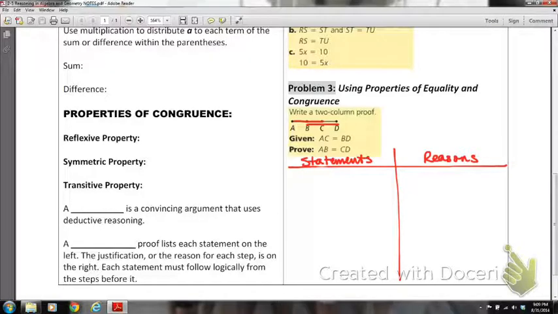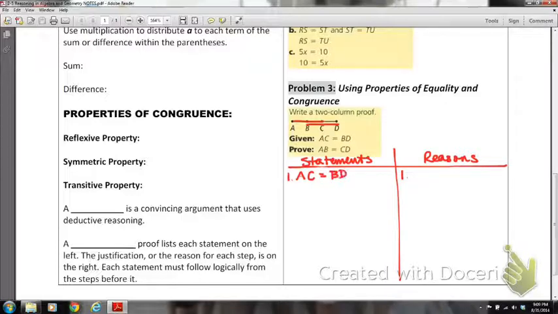Typically, you always start with the information that's given to you. And we will number these so that they'll match. We'll have a statement, and then we'll have a matching reason for making that statement. So the first statement is the information that we're given: the length of segment AC is equal to the length of segment BD.